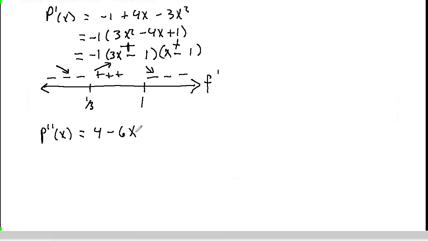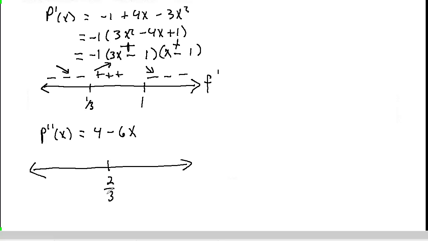And so then you could see that this is just a line, so the only number that's going to make your second derivative 0, that's not a critical number, I misspoke, is 4 divided by 6. You can set it equal to 0, and that will give you 2/3.